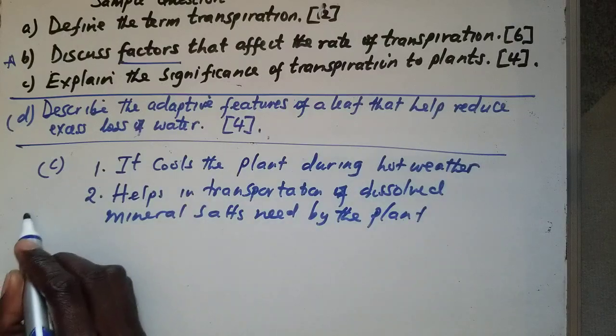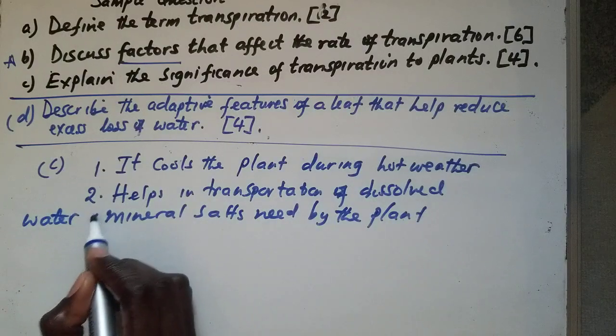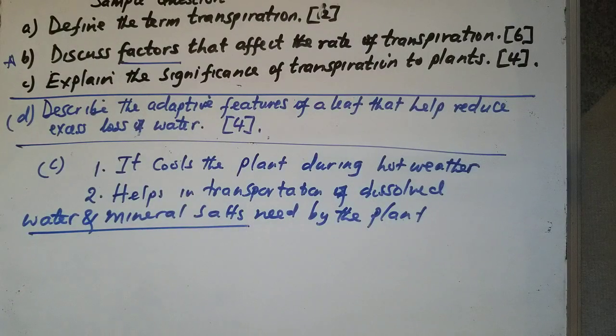Not only mineral salts, but also water that is needed by a plant, because water is needed for photosynthesis. Yes, minerals such as mineral ions can also be needed in order to facilitate manufacturing of other macromolecules that are needed by the plant.